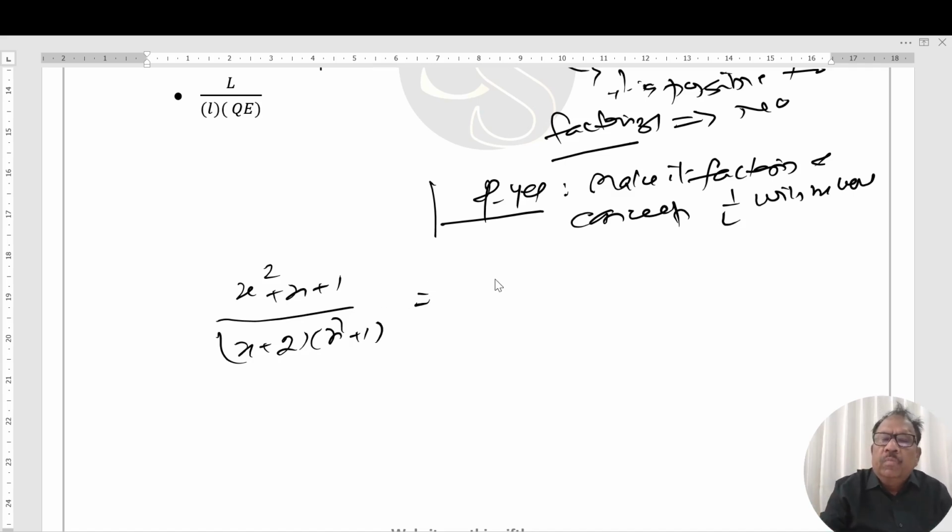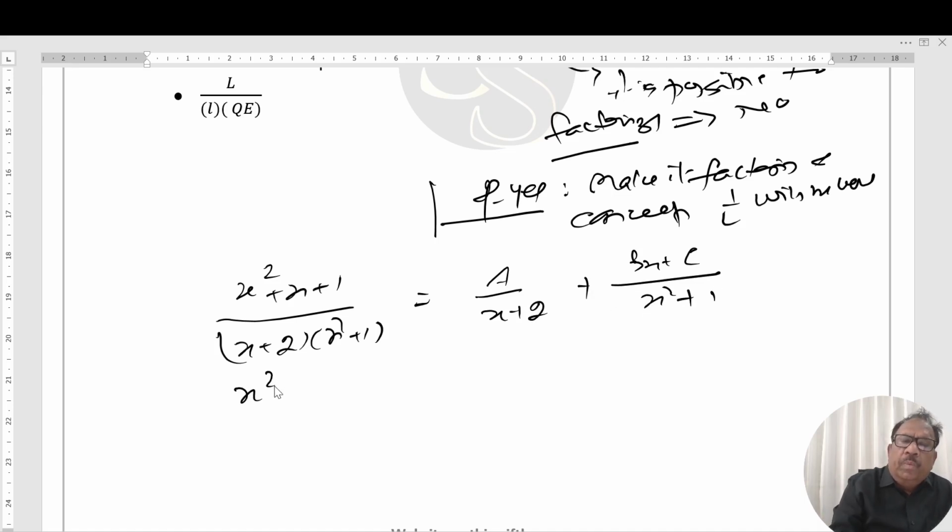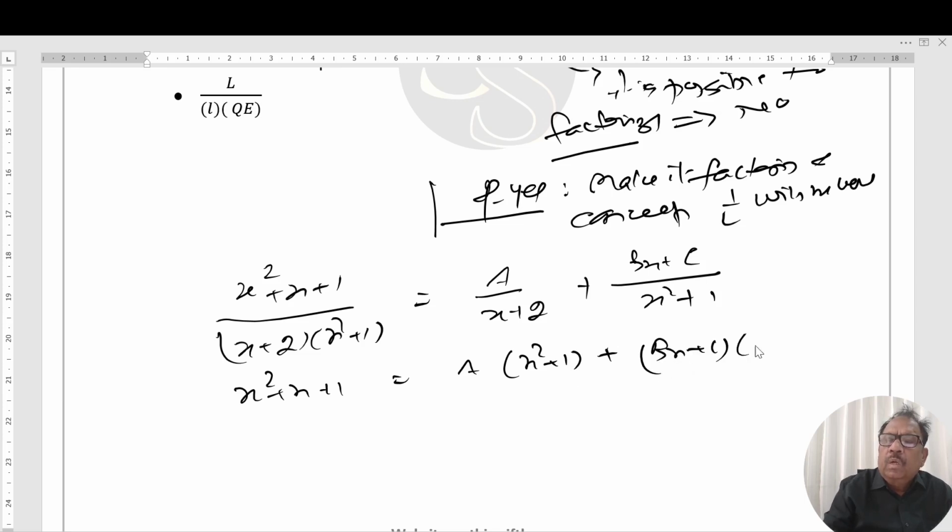This can be written as A upon x plus 2 plus, since it is a quadratic, a linear numerator, (bx plus c) divided by x square plus 1. So x square plus x plus 1 comes out to be A(x square plus 1) plus (bx plus c)(x plus 2).